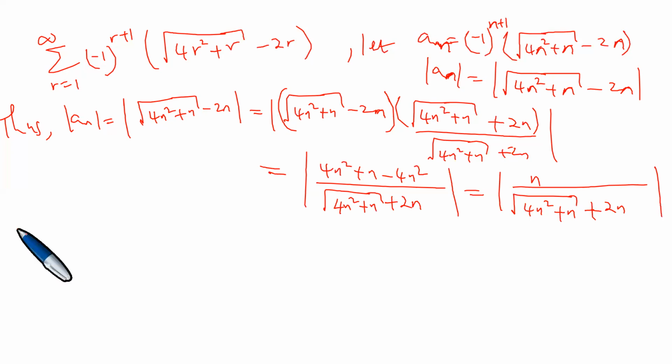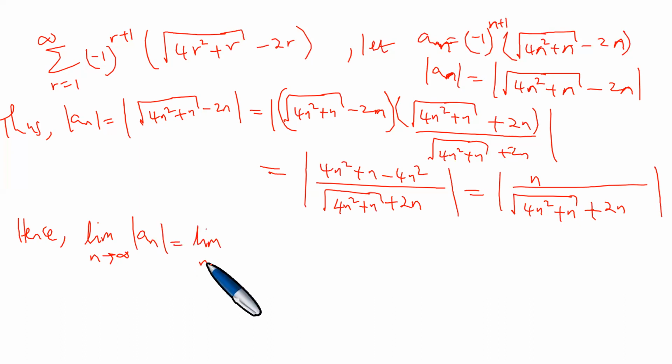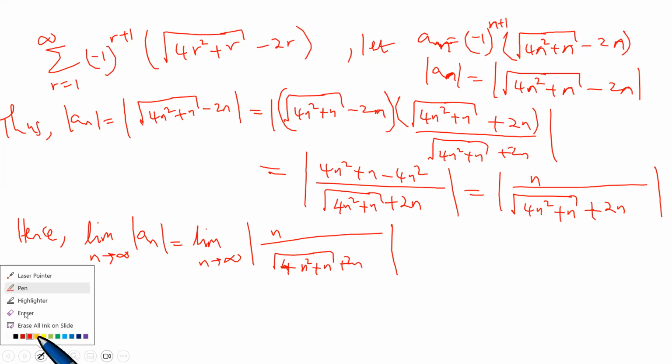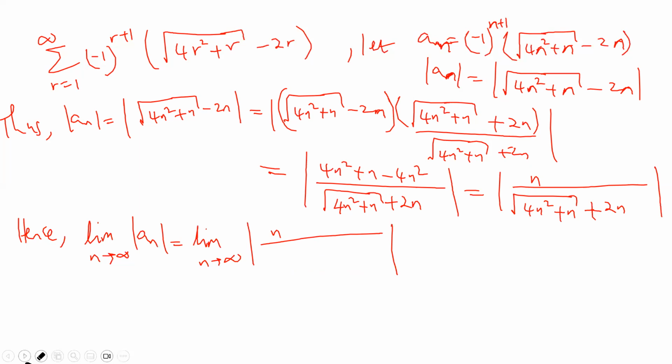Hence we have the limit of this, n squared to n, and therefore this is exactly 4n squared plus 2n. You factor out this one.